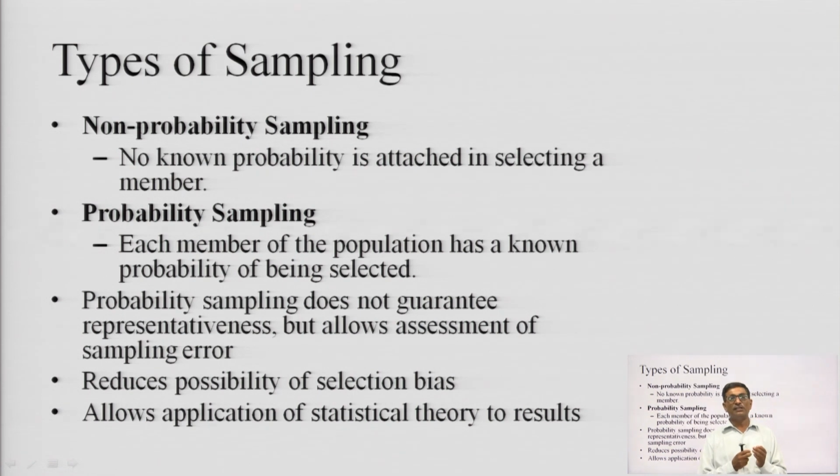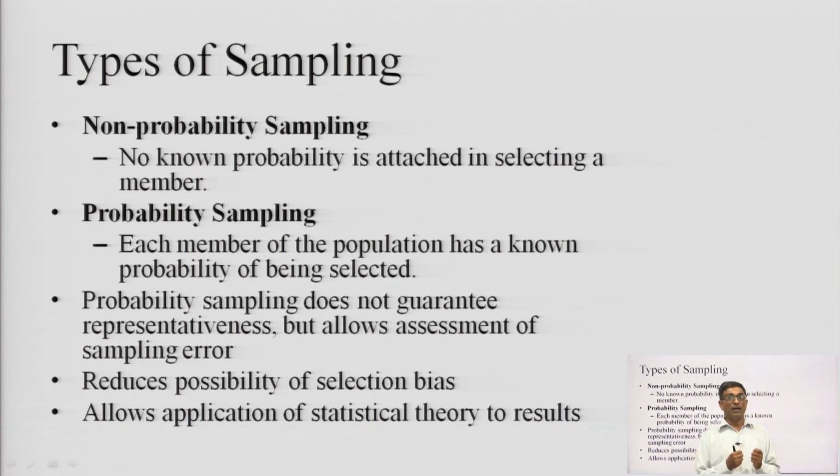That means, in this we cannot calculate the probability to select a person in our study from a population, while in probability sampling each member of the population has a known probability of being selected. पहले केस में क्या है कि हमें उसकी प्रोबेबिलिटी नहीं पता, कितने परसेंट चांस हैं किसी मेंबर के सैंपल में सेलेक्ट होने के, जबकि प्रोबेबिलिटी सैम्पलिंग में each member of the population has known probability of being selected.